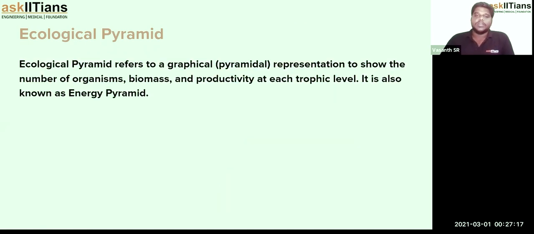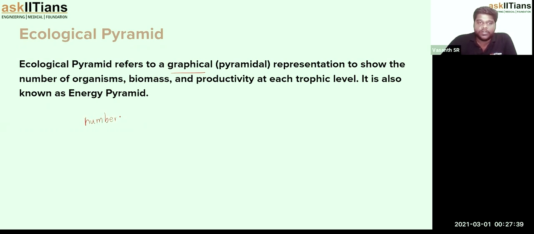An ecological pyramid is just a graphical representation, a pyramidal structure, which shows different data. There are different types of ecological pyramid. This is a pyramid of numbers.